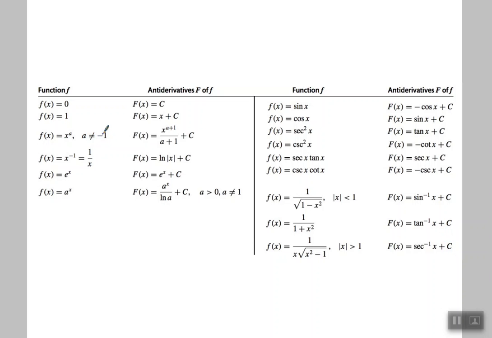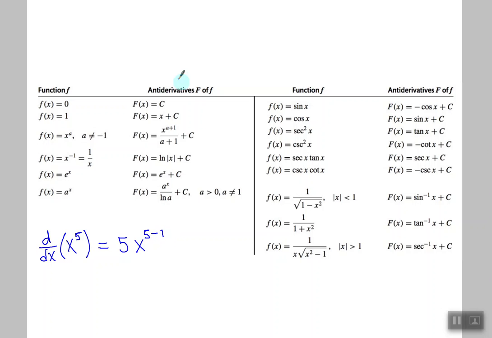Similarly, using the power rule, if we think about taking the derivative of something such as x to the fifth, the power rule says multiply by the exponent, so the 5 multiplies out in front, and then subtract 1 from the exponent.